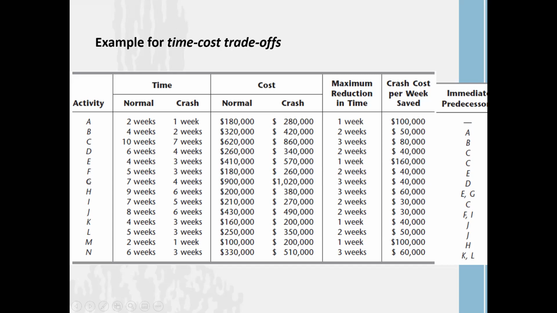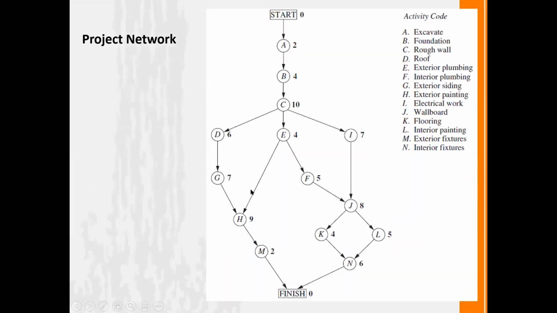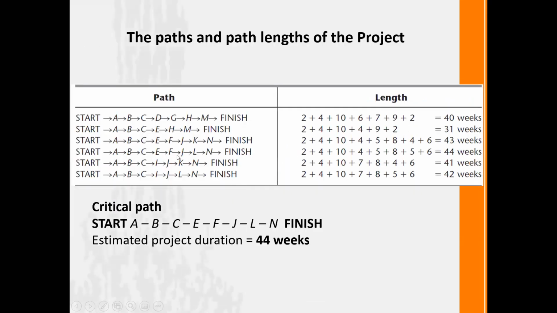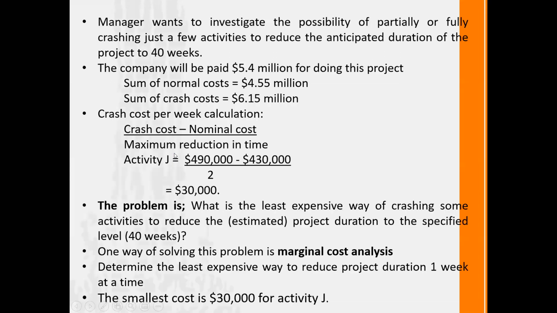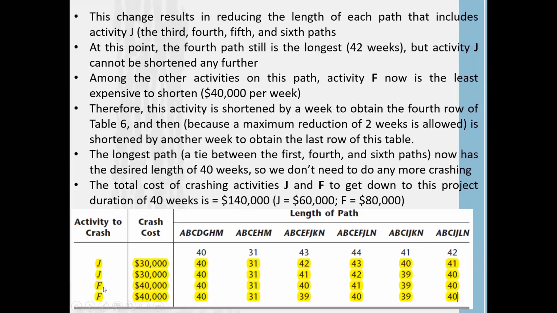F is included in our critical path, you can see in here. That's why we reduce activity F by 1 week. Once we reduce it, the longest path becomes 41 weeks. Then we reduce it again, consuming another $40,000, and the longest path of all possible paths becomes 40 weeks.